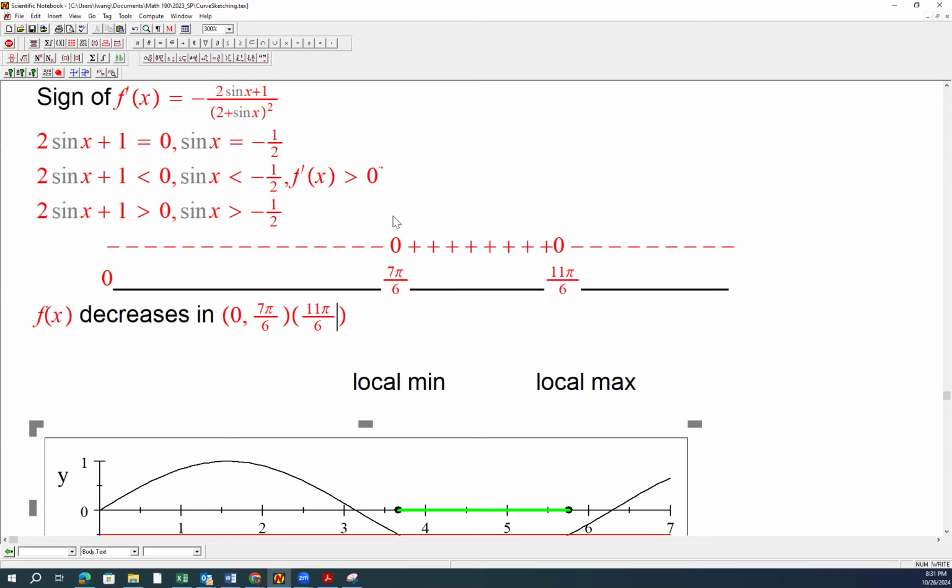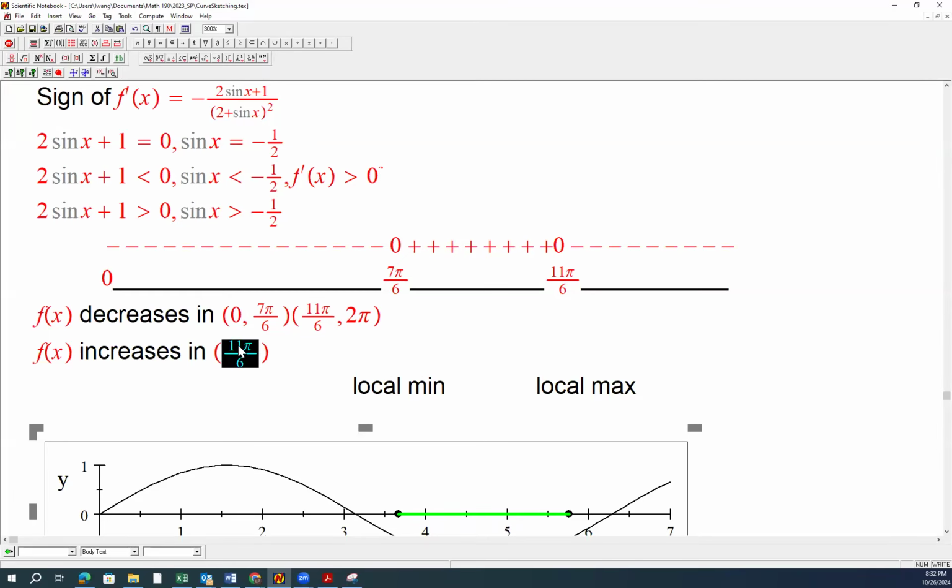So now we just look at this. Suppose we look at the interval with just a 2 pi period. On these two intervals, from 0 to 7 pi over 6 and from 11 pi over 6, f of x is decreasing. f of x increases in the interval from 7 pi over 6 to 11 pi over 6.